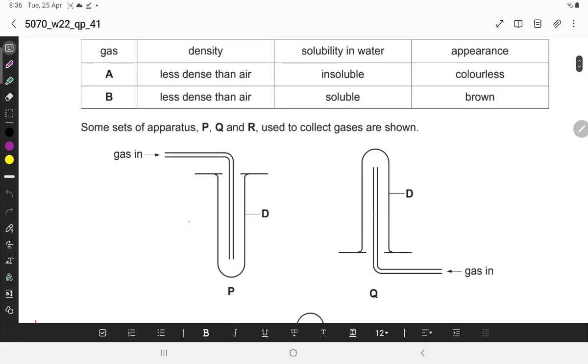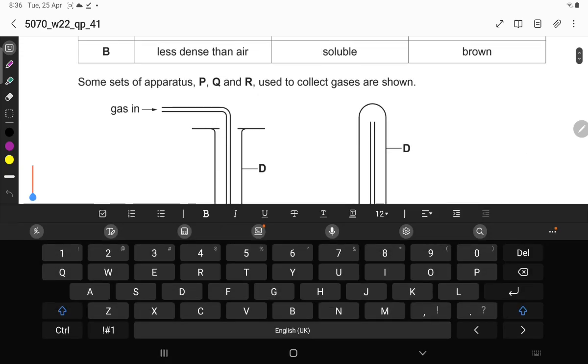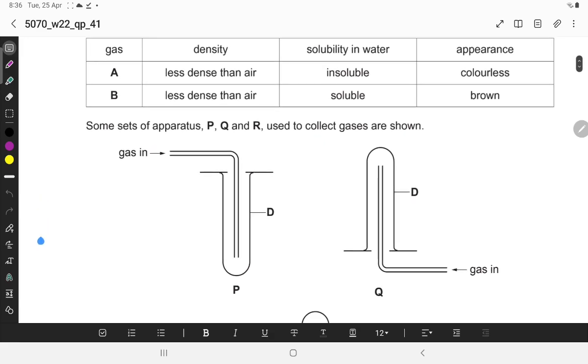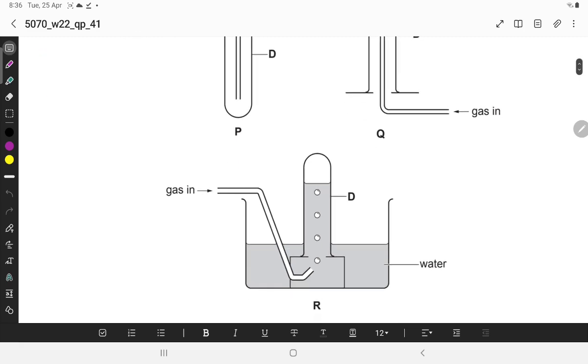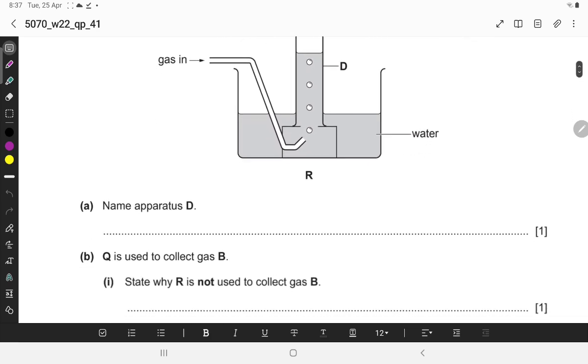This setup is used for gases which are heavier than air, more dense than air. This setup is used to collect lighter gases that are soluble in water, and this setup is used to collect gas which is insoluble in water and lighter than air.